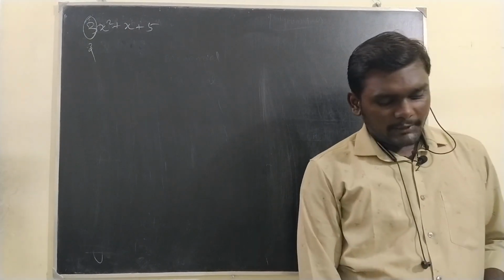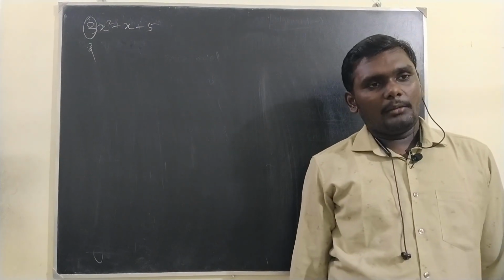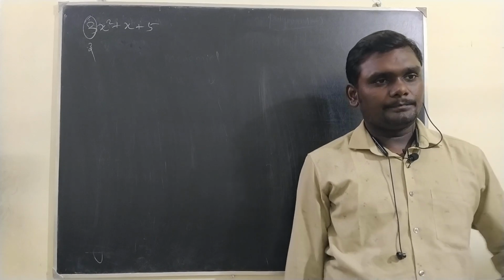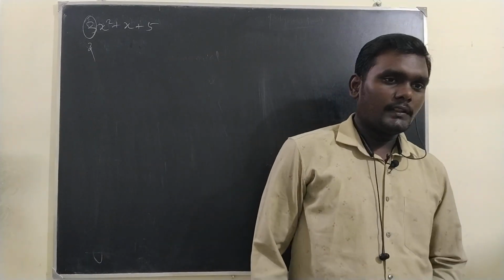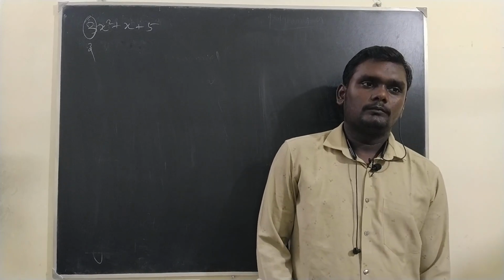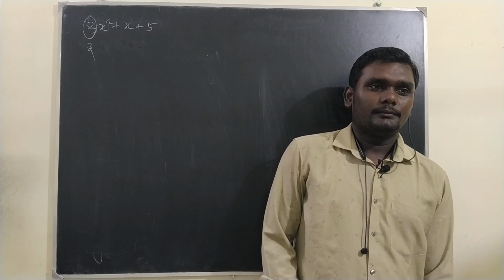Give one example of binomial of degree 35 and monomial of degree 100. Binomial of degree 35, all of you can give one example, maybe. Come on, one by one. Who starts first? x plus y power 35, that is 2 variable.